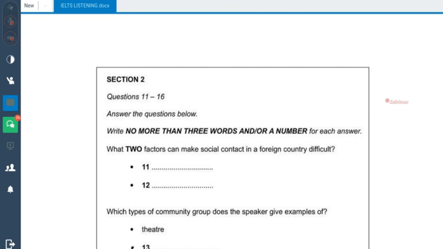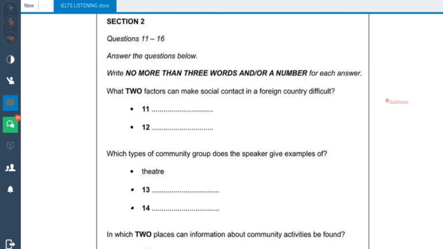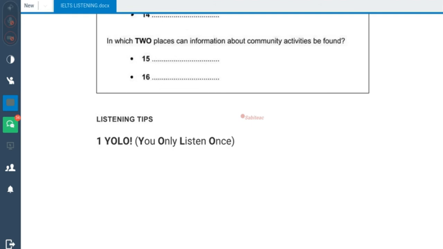The instruction says answer the questions below. Write no more than 3 words and or a number. What 2 factors can make social contact in a foreign country difficult? So you are writing short answers. You understand? Good. So that's the last question type, short answer questions.